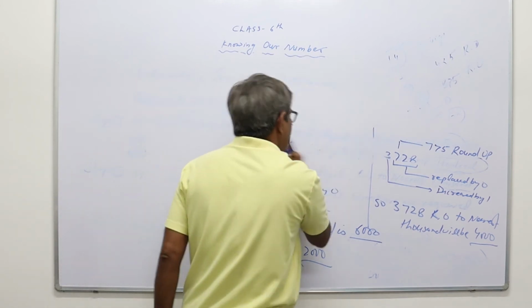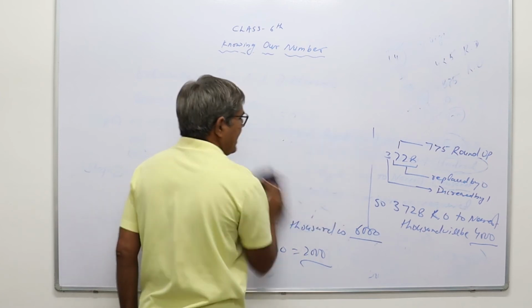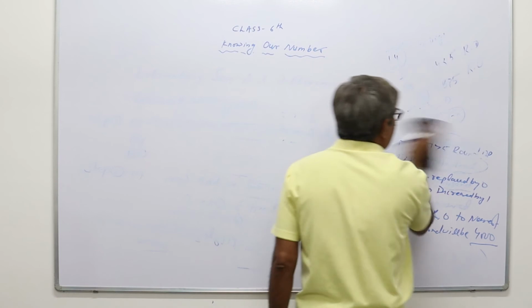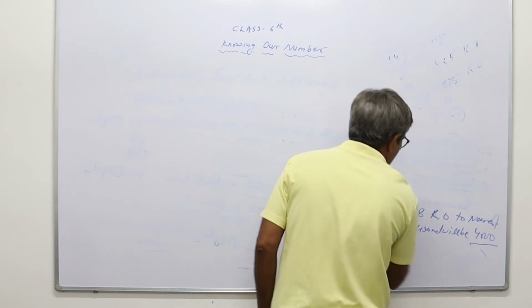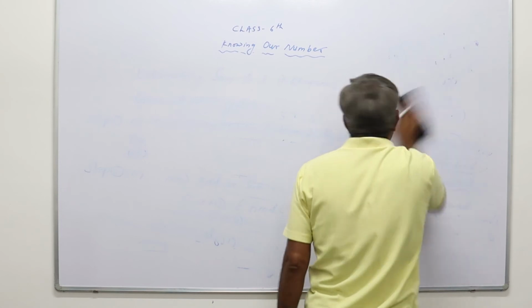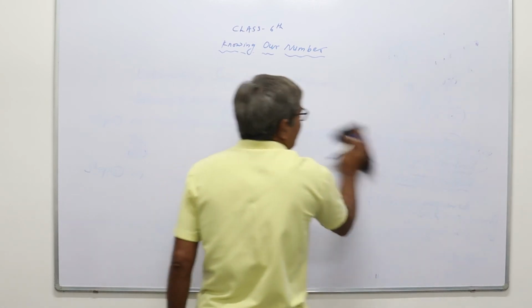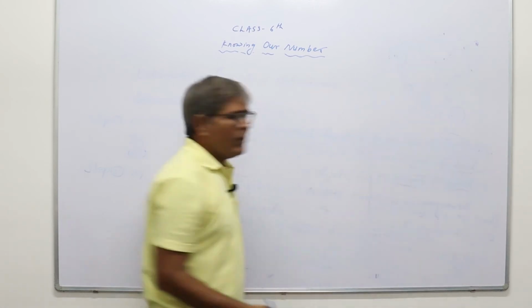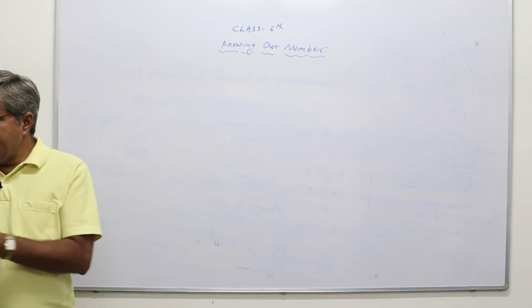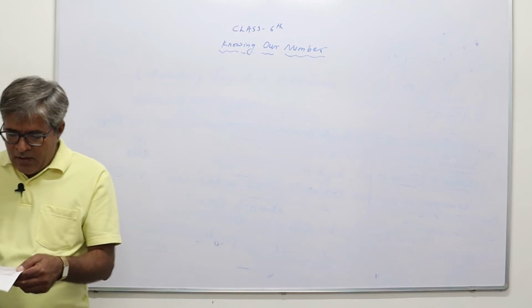Now next, how will we multiply the given numbers after rounding off? In the same way, if we have to multiply the two given numbers, we estimate first.